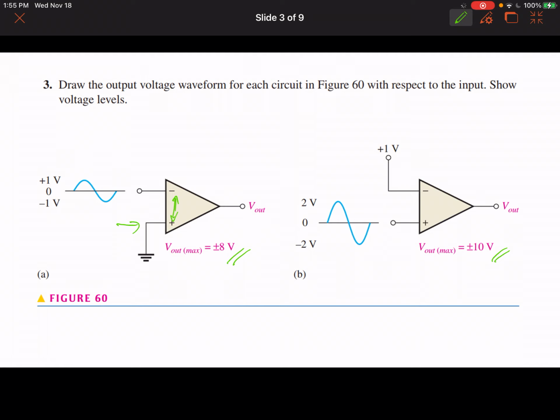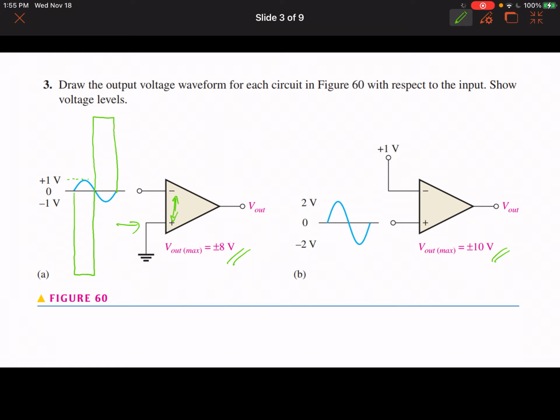So if this is 1 volt, then 8 volts is around this large. Once it crosses the trigger, or the 0 volt, it triggers the output to switch signs. And then you have that. So that's your output voltage for this type of circuit.